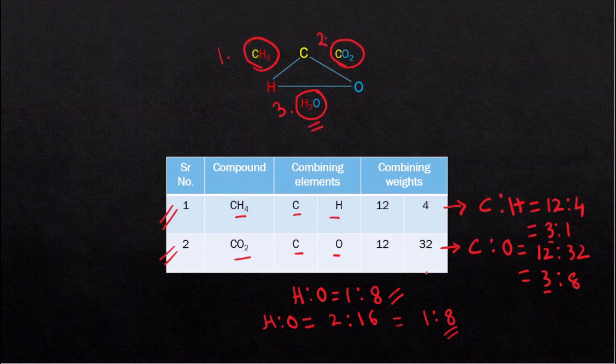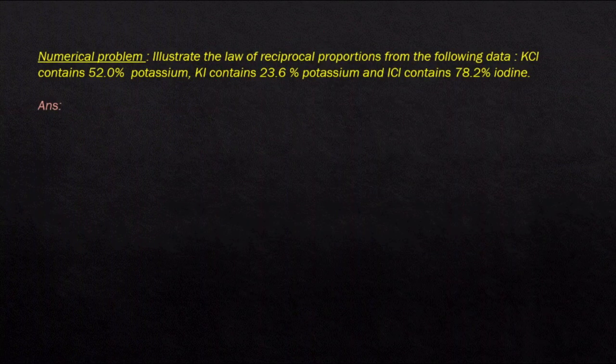Based on these calculations and the statement of the law of reciprocal proportions, numerical problems can be solved easily. Here I have one numerical problem. Illustrate the law of reciprocal proportions from the following data.